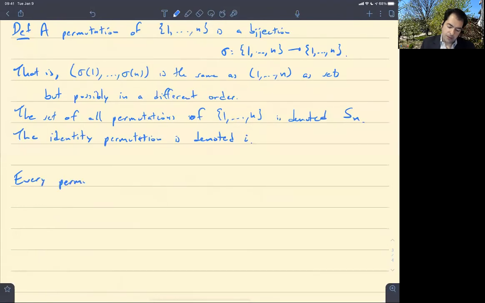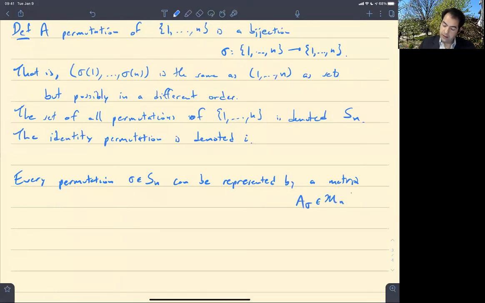Every permutation can be represented by a matrix, which maybe we would call A_sigma, of size n by n with elements in the field.